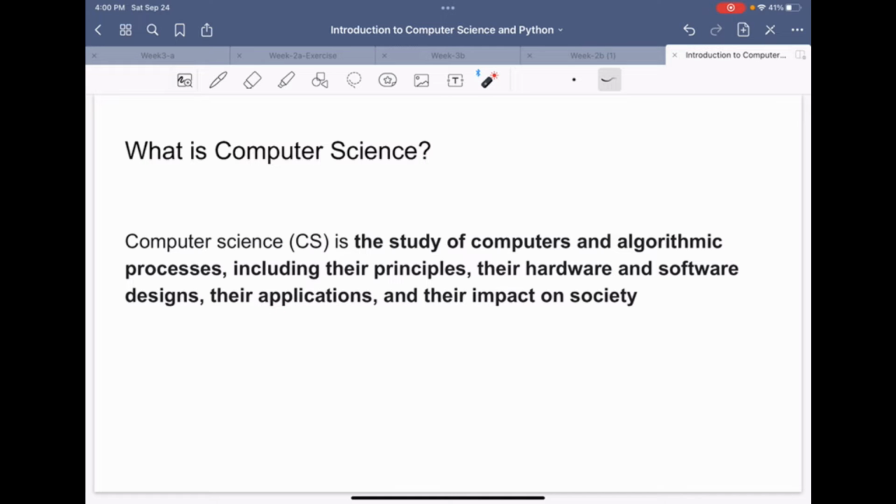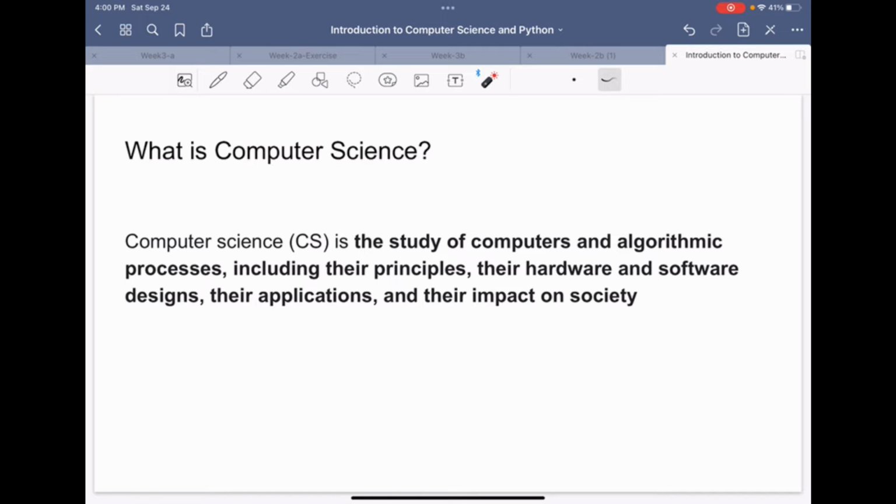And those applications have a significant impact on the general masses or society. That is the era we are living in right now, where we deal with different types of applications every day.